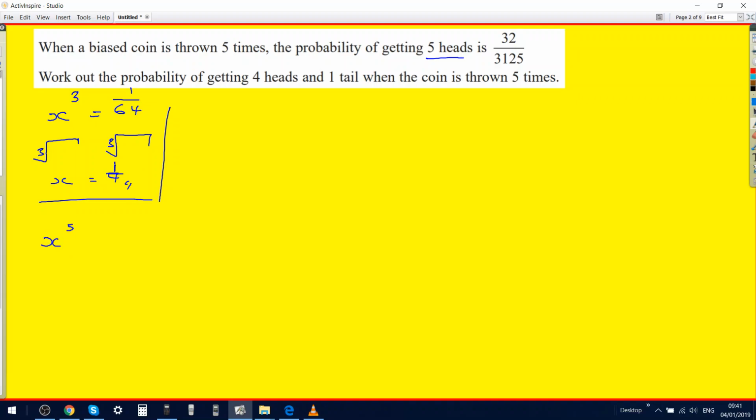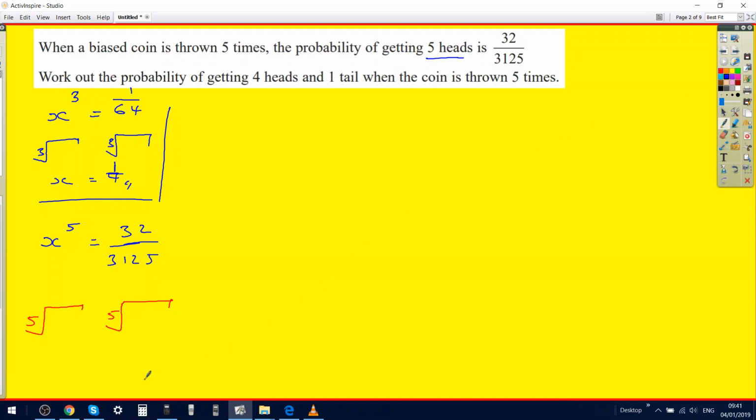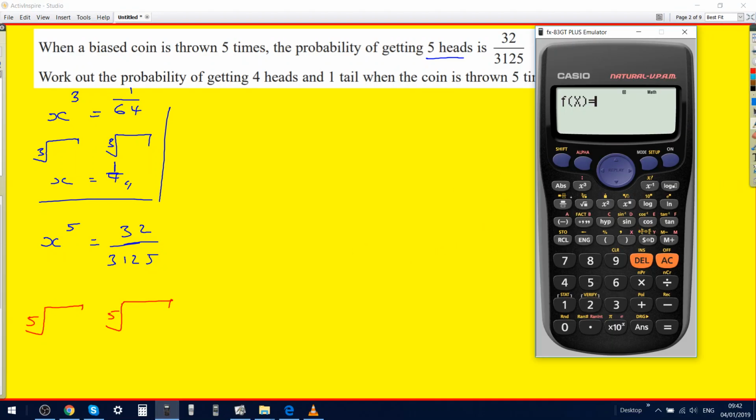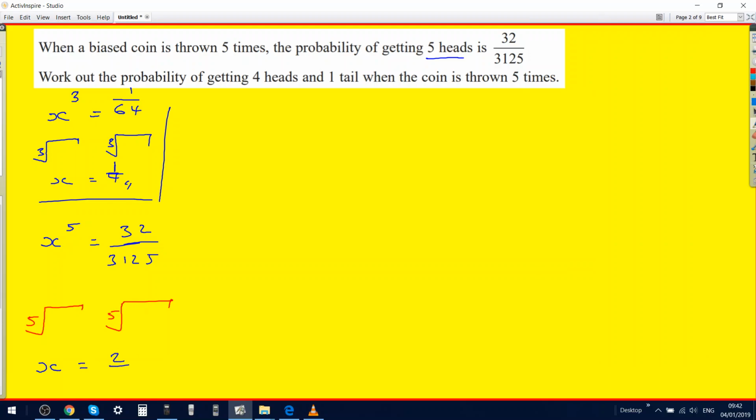Yeah. And then, yeah, 5th root they call it. Okay, go for it. Two fifths? Okay. X is 2/5. Okay. What next?